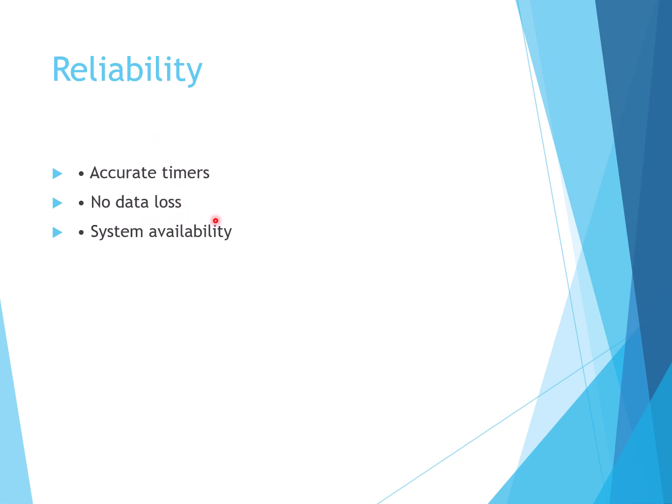Answers must not be lost, which means no data should be lost. A reliable system builds trust, especially during online examinations. So the two factors we are discussing are security and reliability. These are the quality attributes for the example online quiz management system.